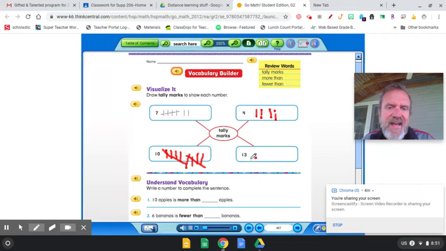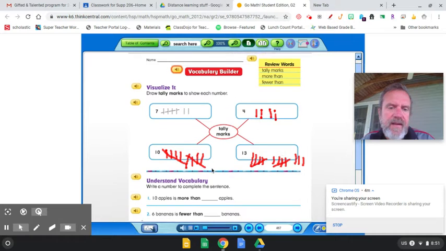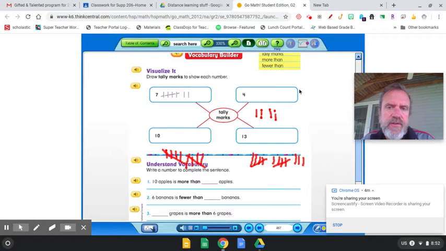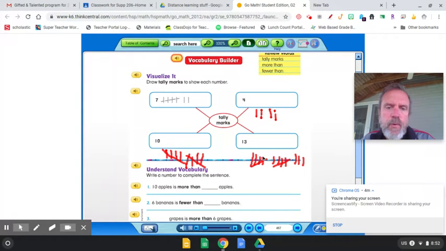So it would look like that. 13: 1, 2, 3, 4, 5, 6, 7, 8, 9, 10, 11, 12, 13. Whew, it's tough. Down in the bottom, we're going to use the words more than or fewer than.